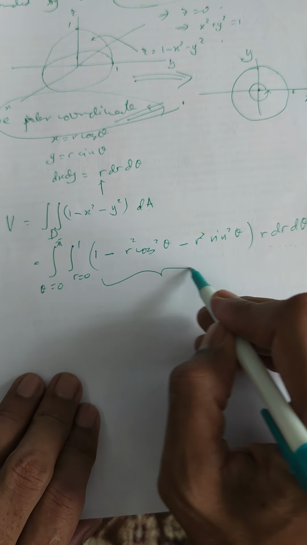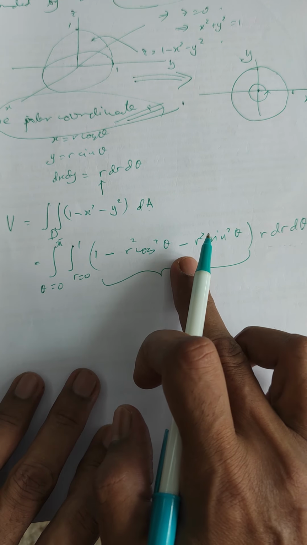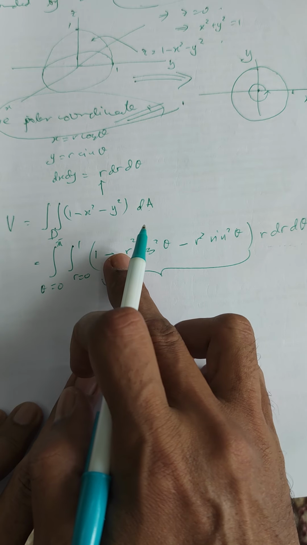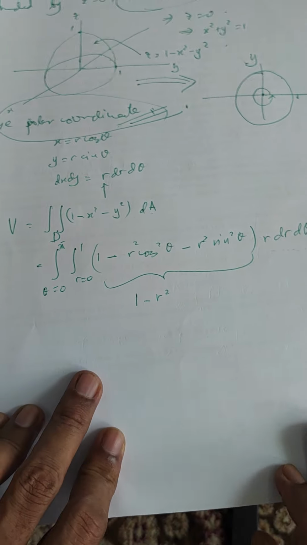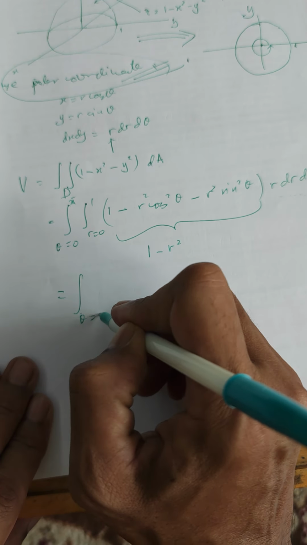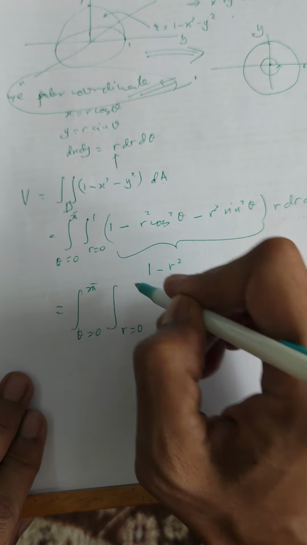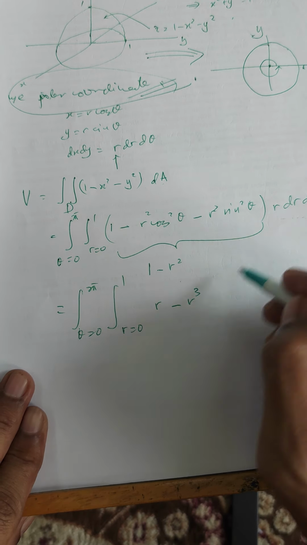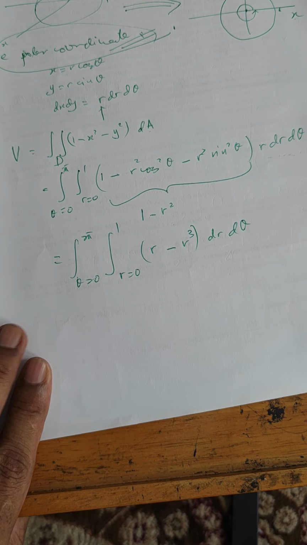Inside the integrand you take out r squared, so you have 1 minus r squared, times r. So we have the integral from 0 to 2 pi and r from 0 to 1 of r minus r cubed dr d theta. Then you can evaluate those easily.